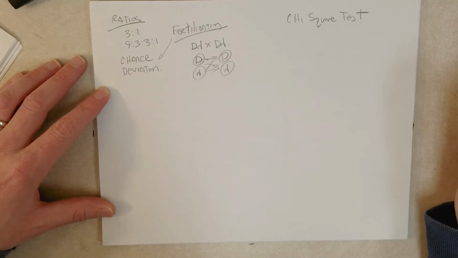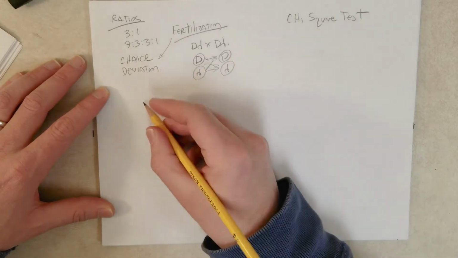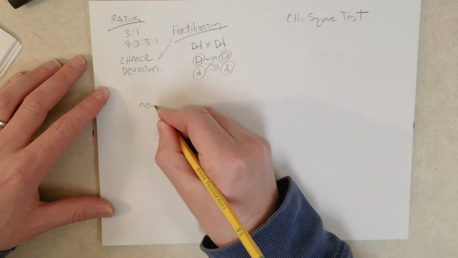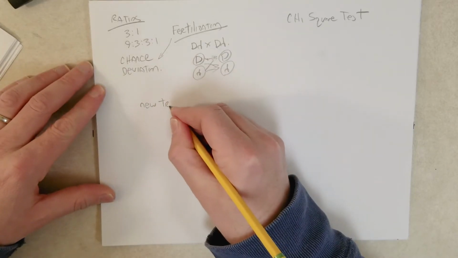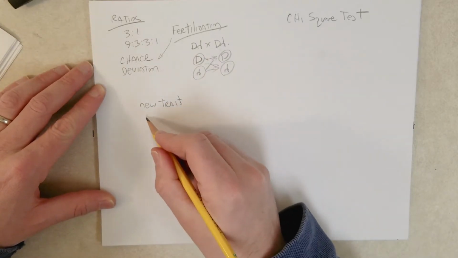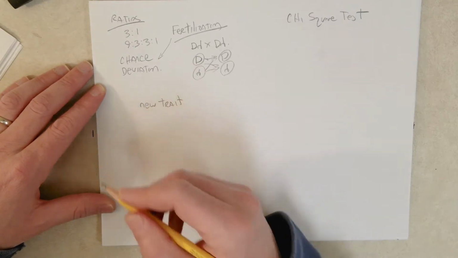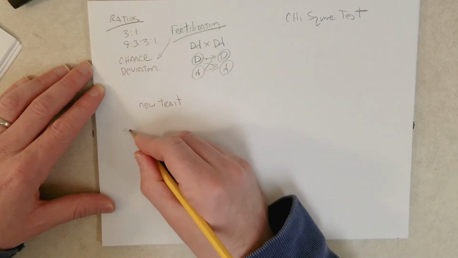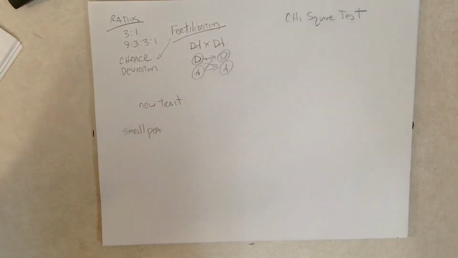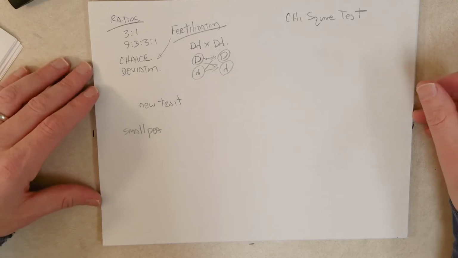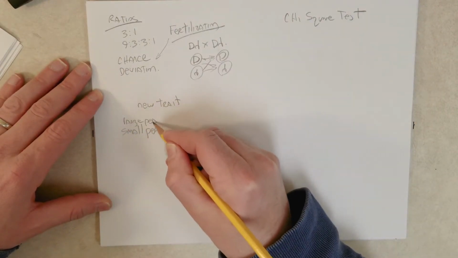So, for example, let's say we're studying a new trait. A new trait in peas: say we discovered a mutation that causes small pea size. This is even smaller than the normal size of pea, which we will call large.